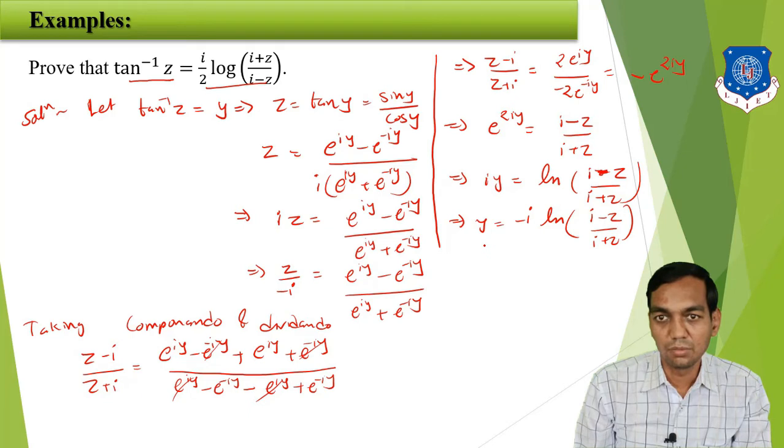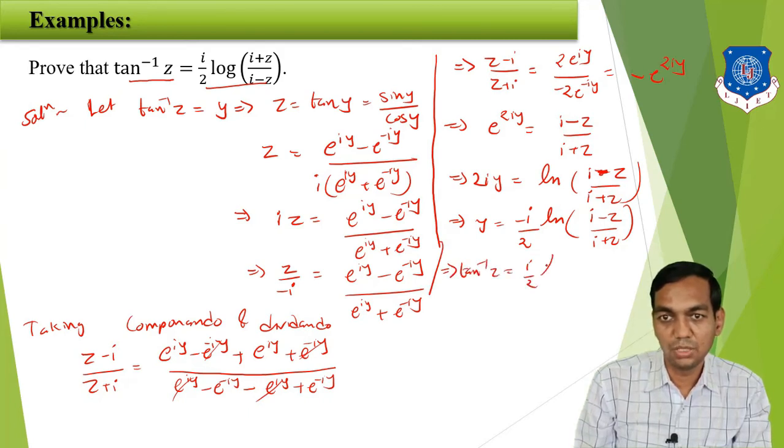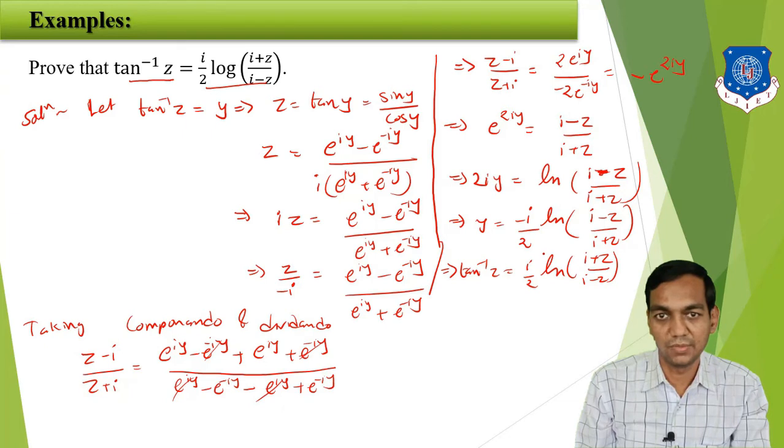Okay? Done? Sorry, 2iy. So i by 2. But if you have to remove minus, then using the property of log, that will give you y, your tan inverse of z, is i by 2 into log i plus z upon i minus z, by property of log.